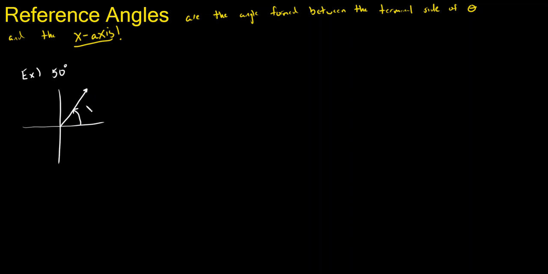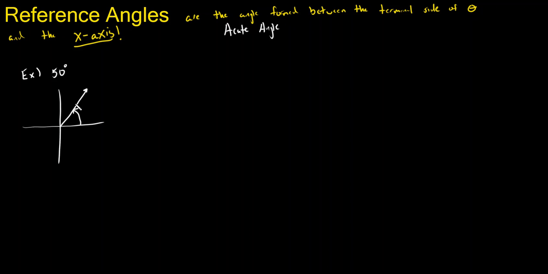The reference angle is the angle formed from the terminal side and the x-axis, and it's always an acute angle, less than or equal to 90 degrees. I say equal to because we can have a reference angle of 90 degrees or 0 degrees. We'll get to that in a little bit, but it's always going to be some nice acute angle for the most part.